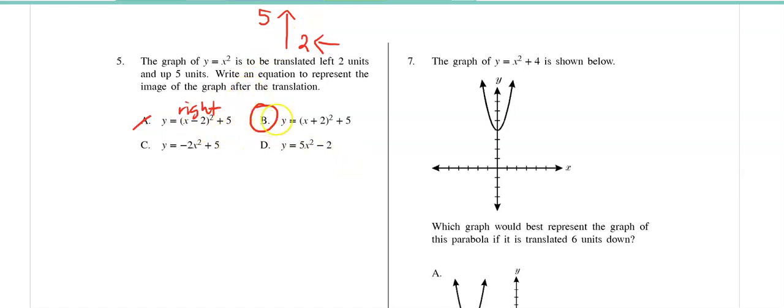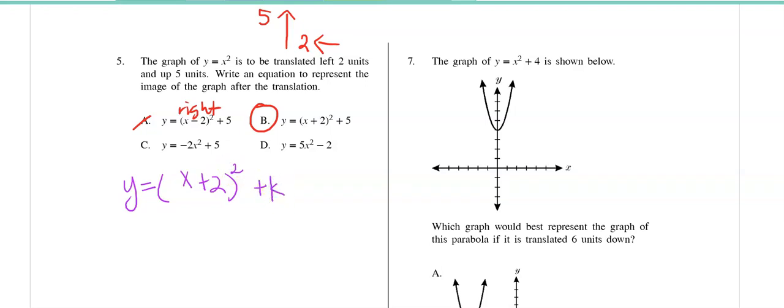So what happens here is when you see these parentheses, I'm going to come down here and write a sample equation. And I'm just going to say that this is a random k, okay?